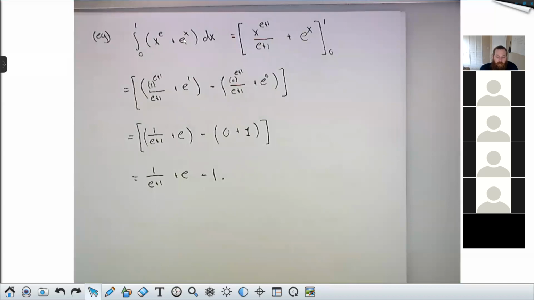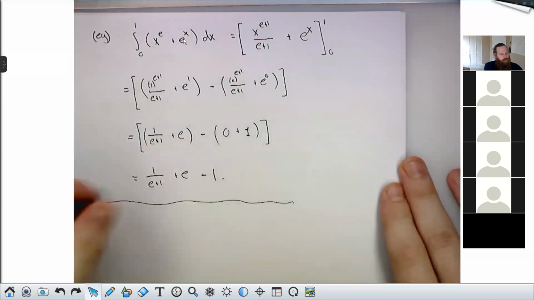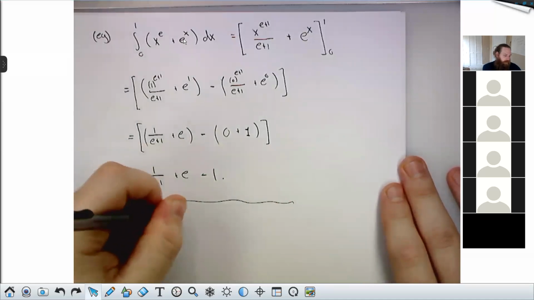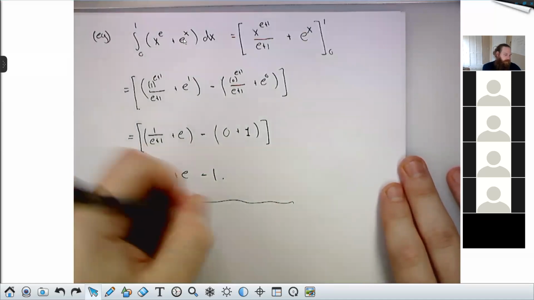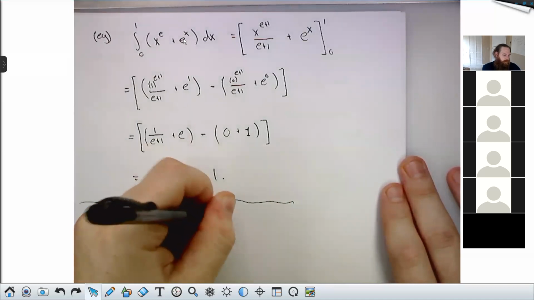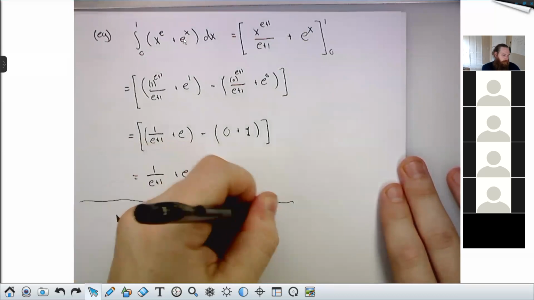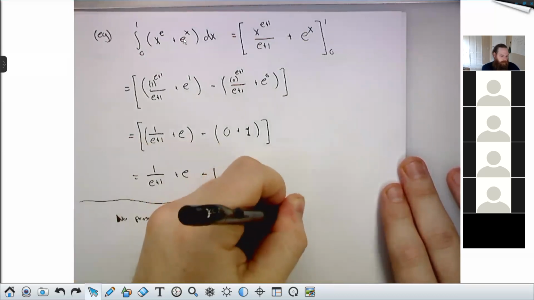So this process of finding an antiderivative is a big deal. And sometimes it's very hard. No person can find an antiderivative for every function.